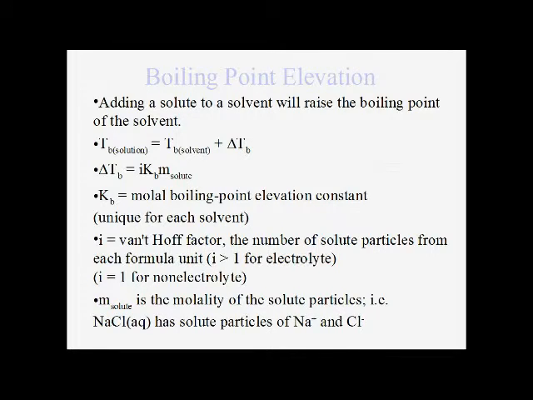So if we reduce the pressure of a solution by adding a solid, a non-volatile solute, it cannot boil. To boil, it needs to increase temperature. We need to increase temperature to increase the partial pressure until it equals the atmospheric pressure.